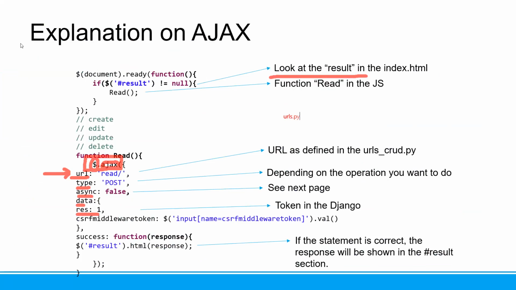And then you need to define what is the type. We know that there are two types of HTTP requests: post and get. And then asynchronous post. Okay, we will look at that next. And then the token. Here we are going to look at the data. In the data, we are going to use one token. In this case, we use the CSRF middleware token.